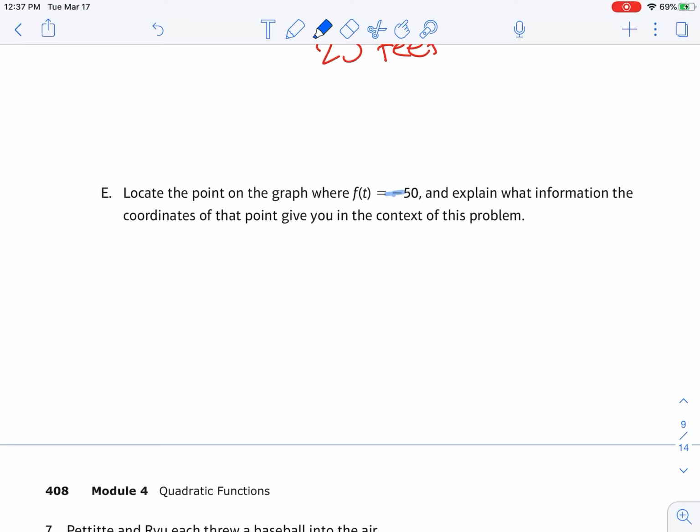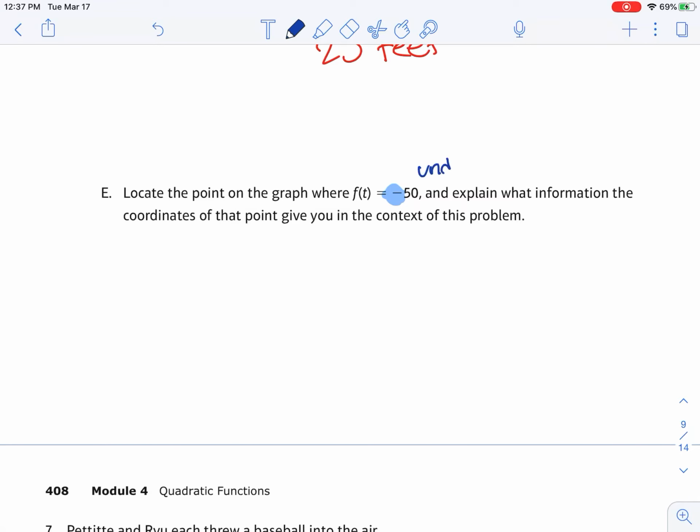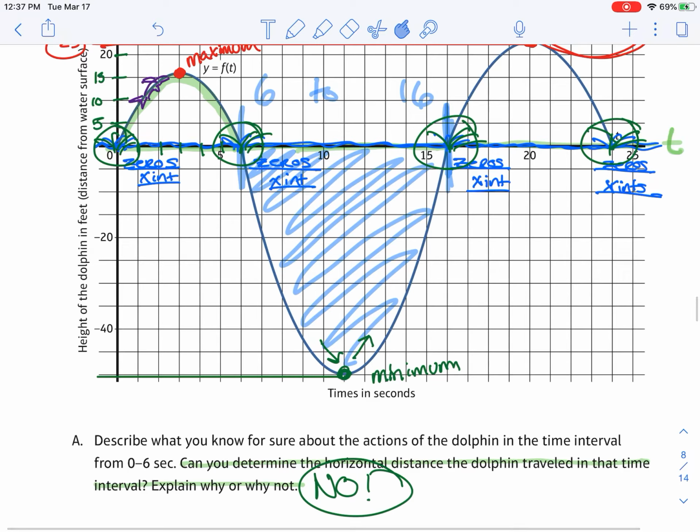Then when we go here, I need you to notice that negative sign. And that negative sign represents underwater. And when it is underwater, at -50, we're at this minimum.